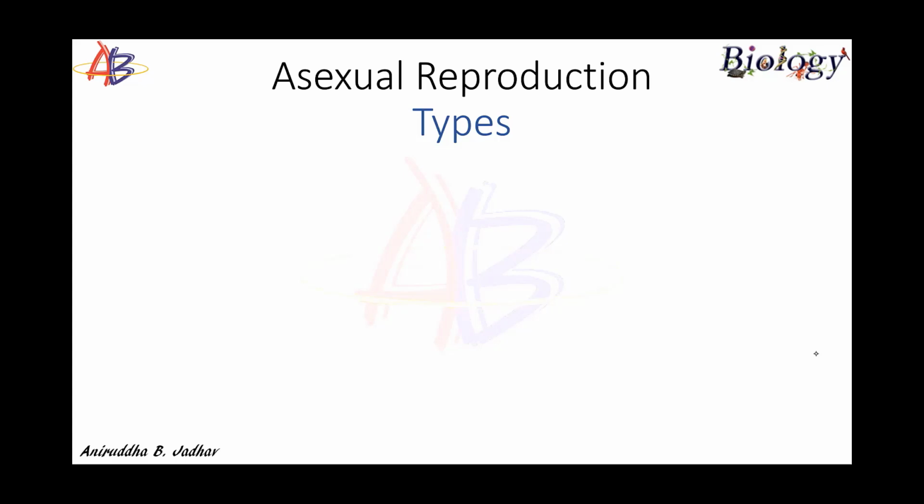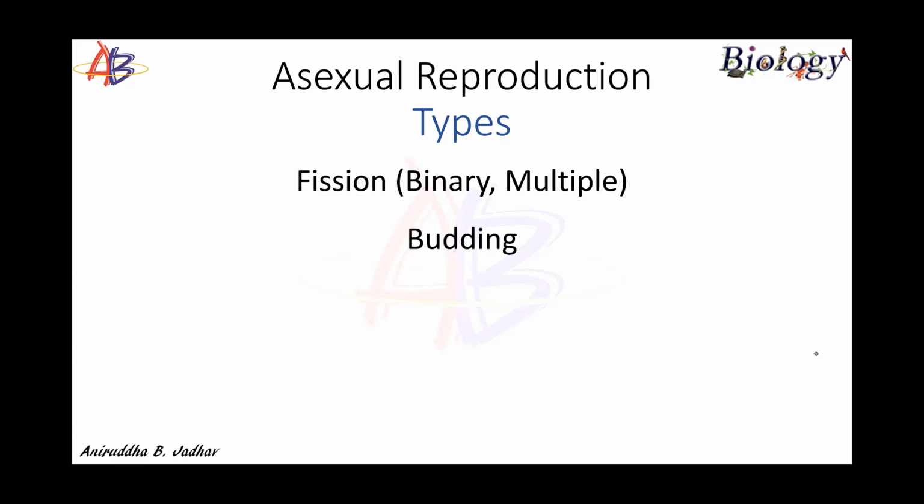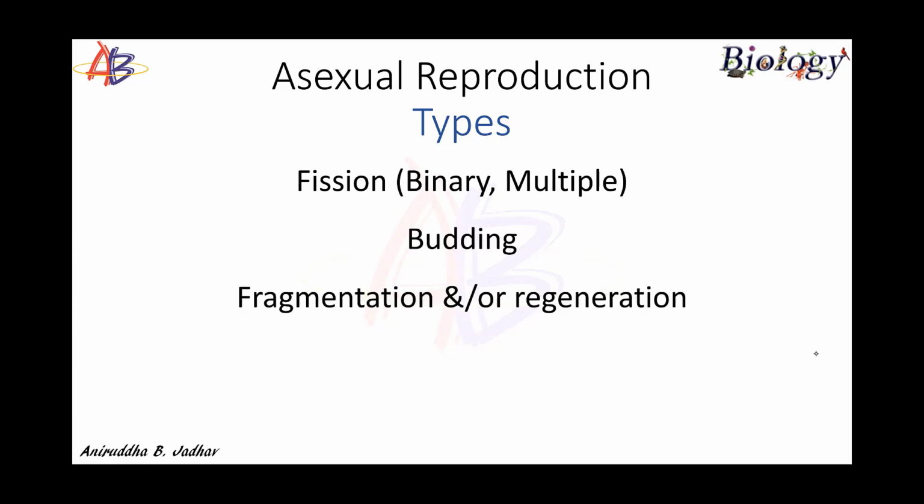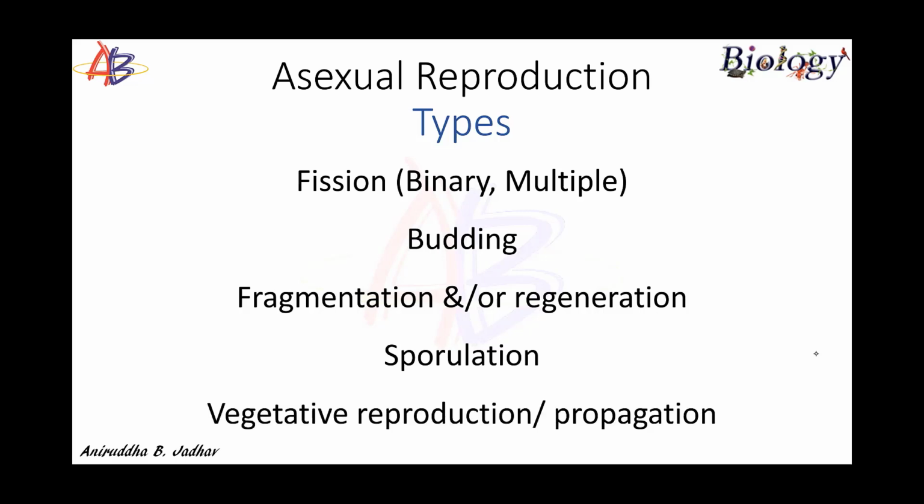There are mainly five types of asexual reproduction: fission, which can be of either binary or multiple type; budding; fragmentation and regeneration, where fragmentation is usually referred to in algal groups, while regeneration is the term used for animals; sporulation, mainly observed in fungi; and vegetative reproduction or vegetative propagation, which is a unique characteristic observed in higher plants.